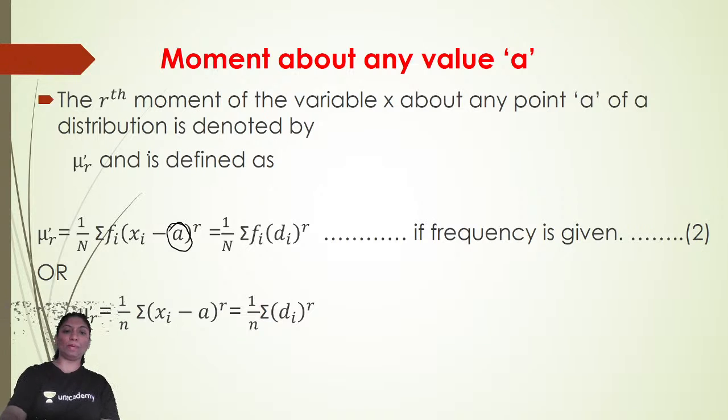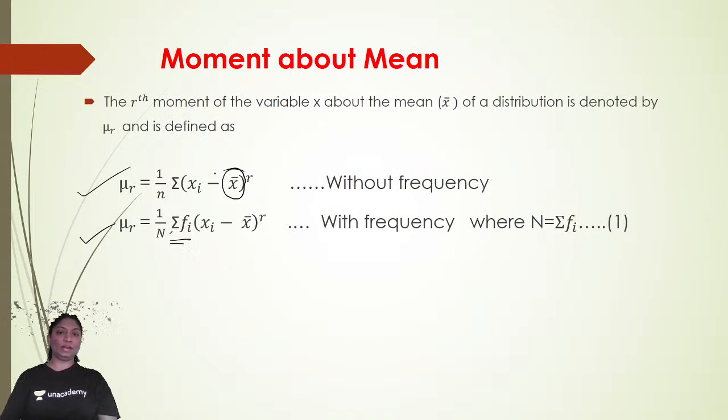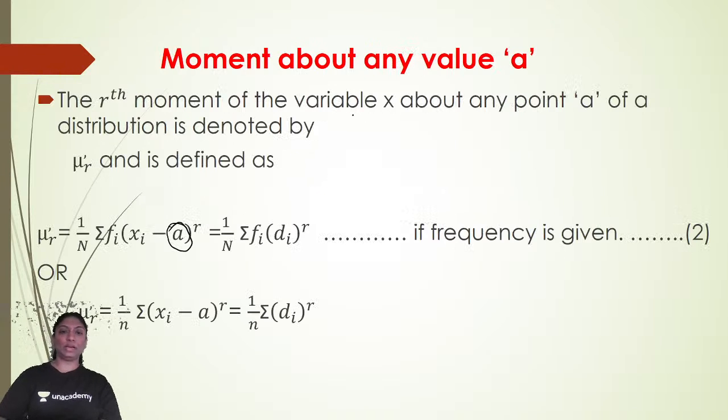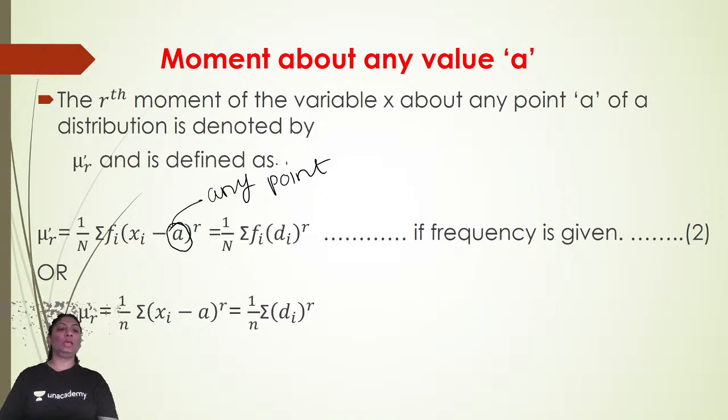In the previous one, it was moment about mean, where we applied the mean. Here we will use any point a. So mu r dash is equal to 1 upon n summation of fi into xi minus a bracket raised to r, which is equal to 1 upon n into summation of fi into di raised to r, if the frequency is given.